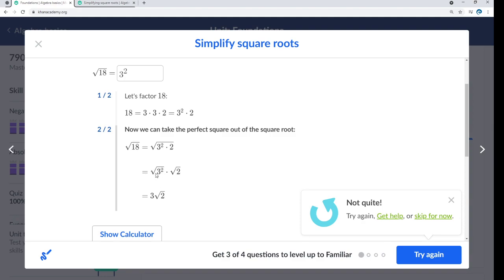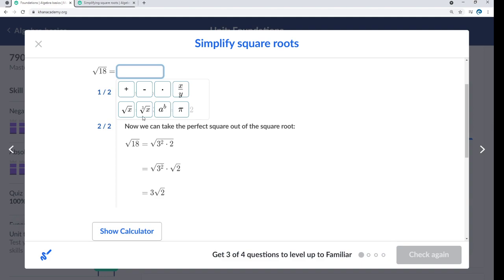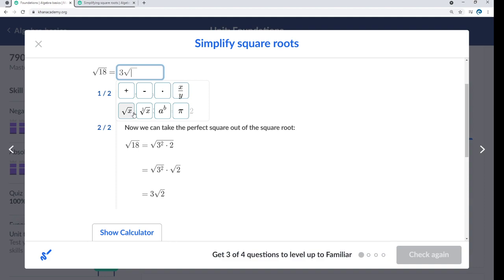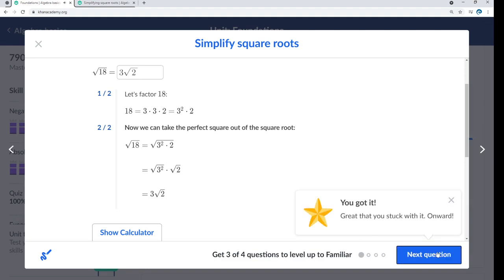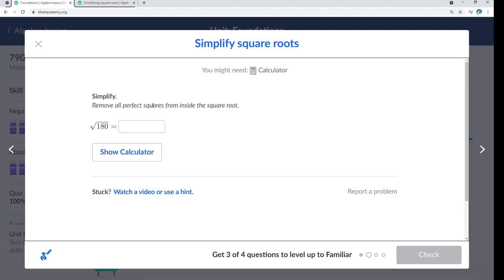So you're doing the square root of this, so you can remove that. So that's why it's okay. That's interesting. I wonder if I'm going to be able to do this on my own. So it's 3 square root 2, right? Well, yeah, of course. It literally told me the answer.